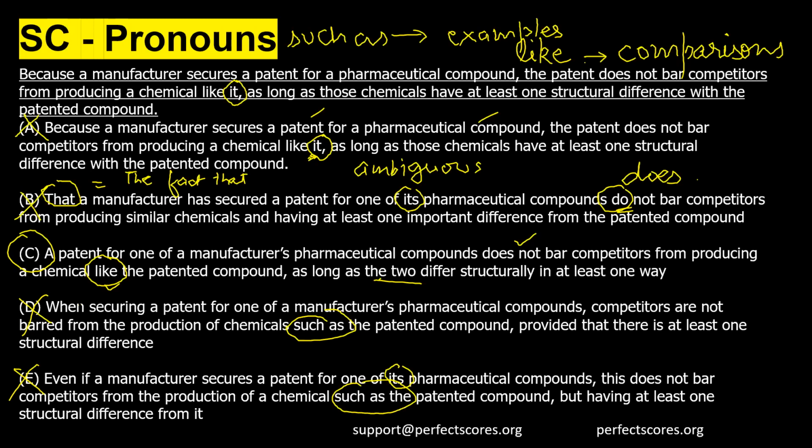Anyone got a different answer? Anyone? Lakshmi, Priyanka? I got C. Okay. Yeah, so like and such as is a new thing right now. So anyway, you'll cover it later.